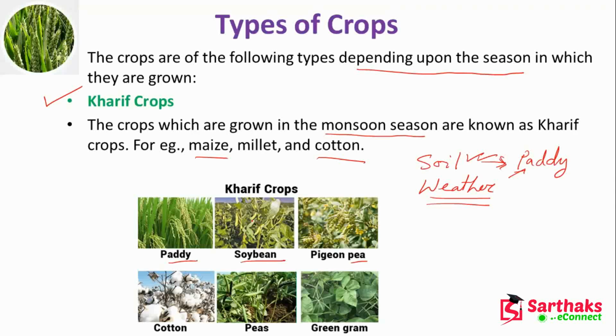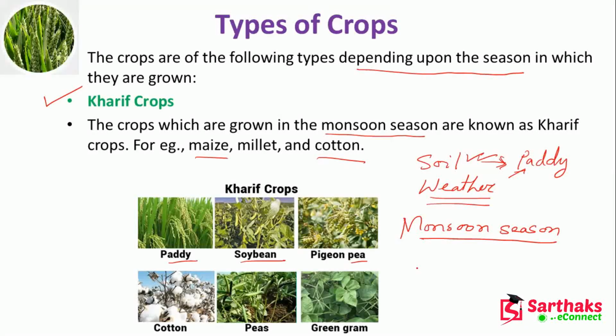So here the first thing is the kharif crop, and the kharif crop will grow in the monsoon season. Rainy day, yes. So for the monsoon season, you just remember the rainy day.